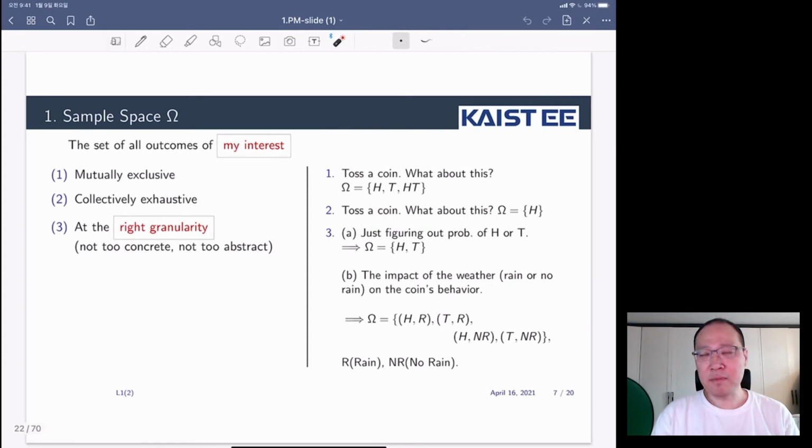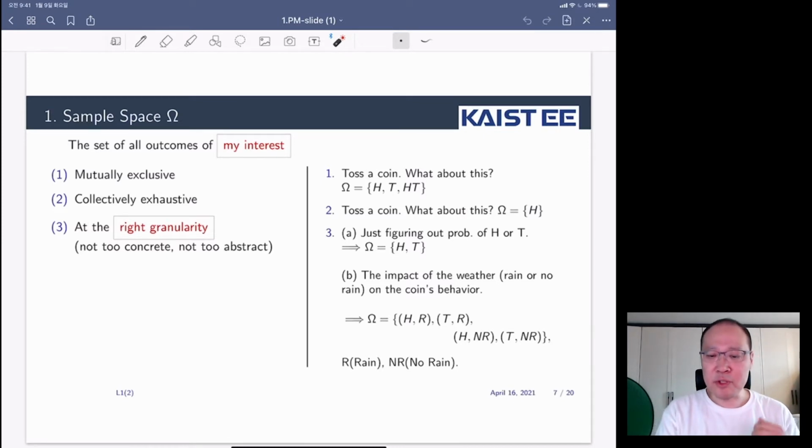But suppose that my interest is to look at the impact of the weather on the coin's behavior, like rain or no rain. Then just the sample space of H and T is not enough, because my interest lies in looking at the impact of the weather. So we need to include all the relevant events of the head or tail of the coin and the rain or no rain of the weather in the sample space.